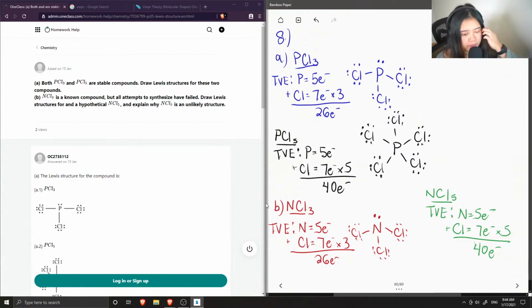And now let's attempt to draw this hypothetical structure that will probably look like the PCl5 with all the chlorines all around it like this. You kind of get the gist. So you get a structure that kind of looks like this. So this is incorrect. And I'll try to fit an explanation why up here.